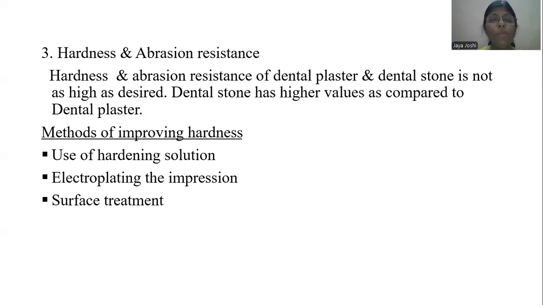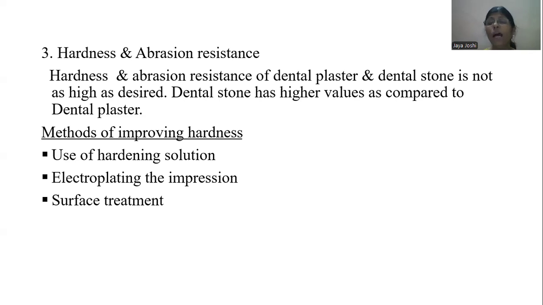Now, the third important property is hardness and abrasion resistance. The hardness and abrasion resistance of dental plaster and dental stone is not as high as desired. Dental stone definitely has more hardness as compared to dental plaster, but both have less hardness than desired. There are certain methods which will help us improve the hardness.